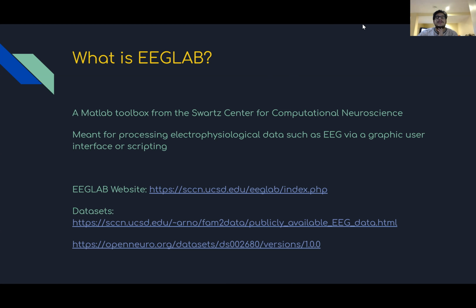Okay, so let's see. I'm going to stop sharing real quick. On that Google sheet that I shared with you guys, if you go to the second sheet, there is a column labeled EEG Lab with a link.